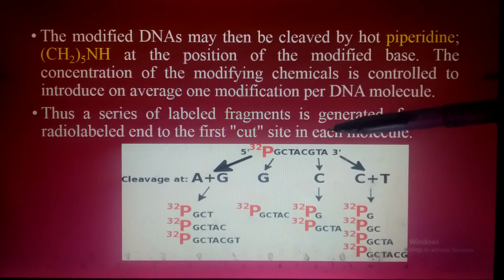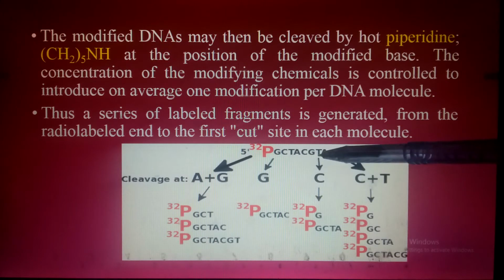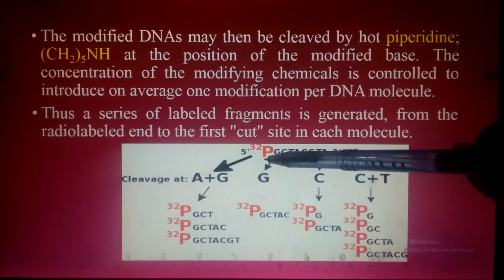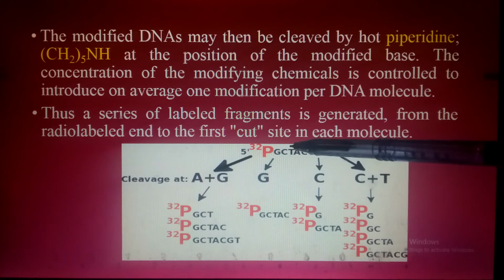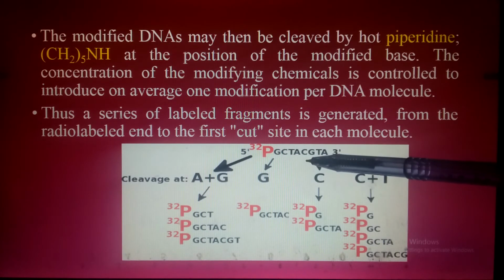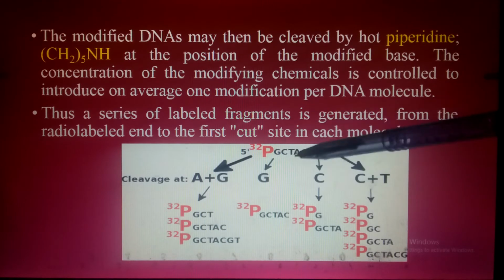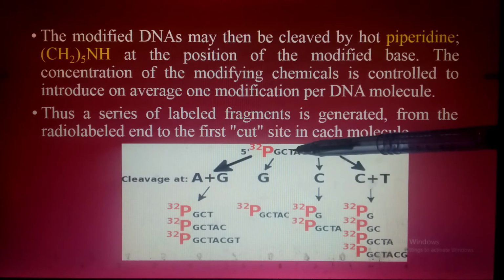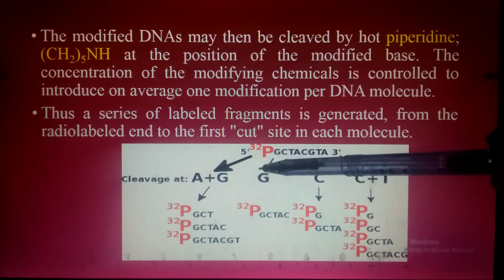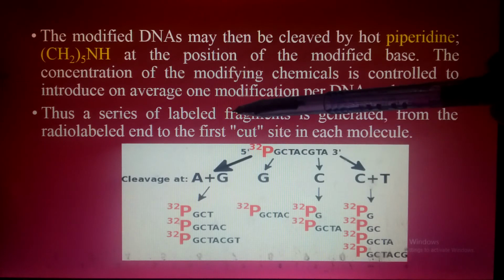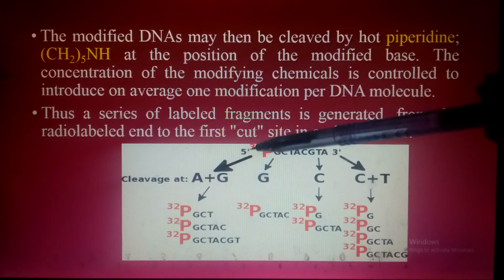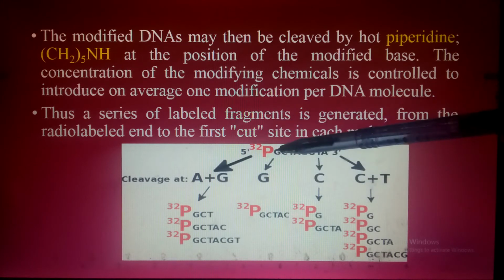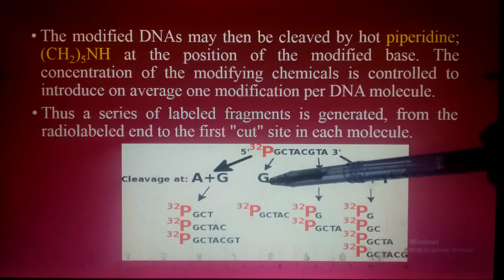Now I am showing you here. This is the DNA, single stranded DNA. You can see here at the 5' end there is a radioactive isotope. Maxam-Gilbert modified the DNA at the G position, at the C position, and at the T position, and also with A plus G. In one tube modification was done at the A and G positions, meaning adenine and guanine, and in the second tube the modification was done at the G position.